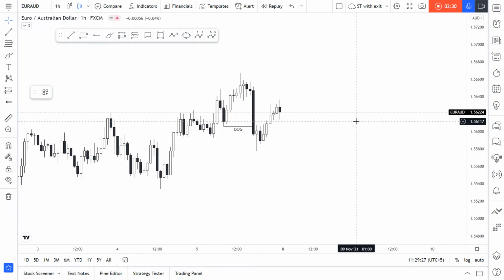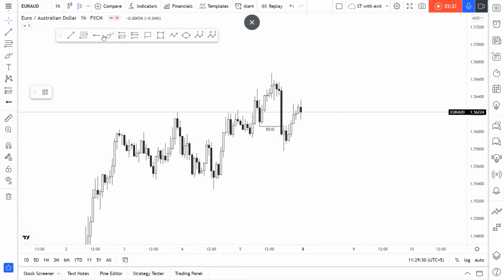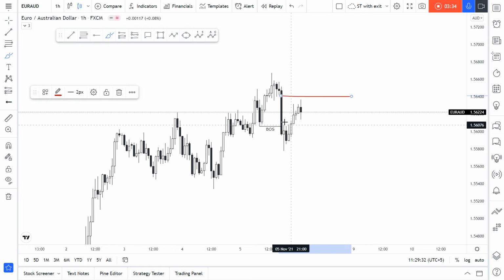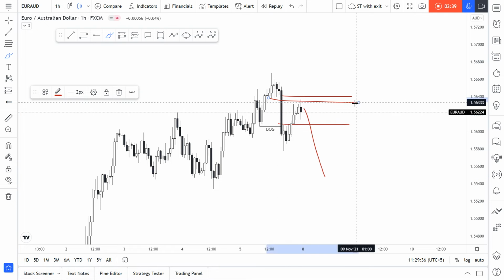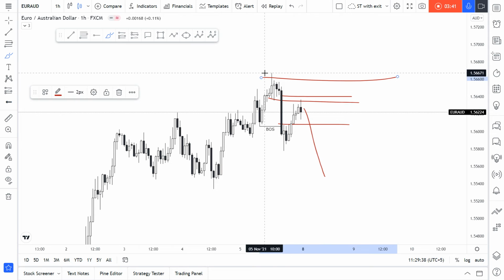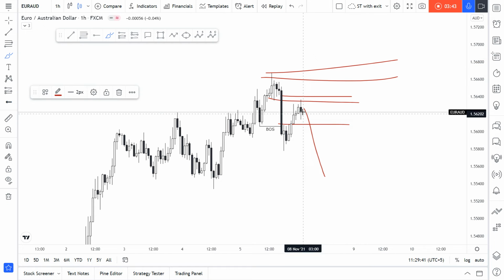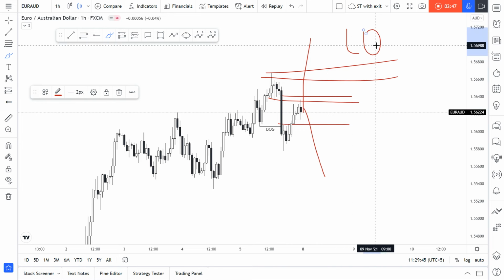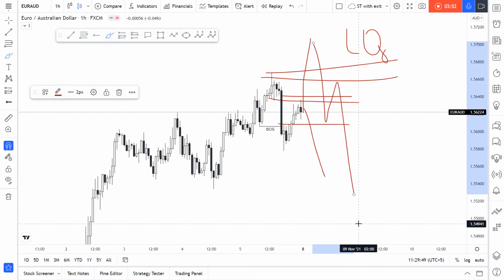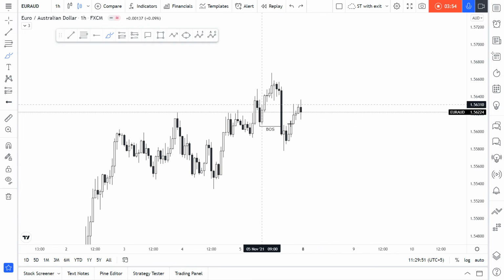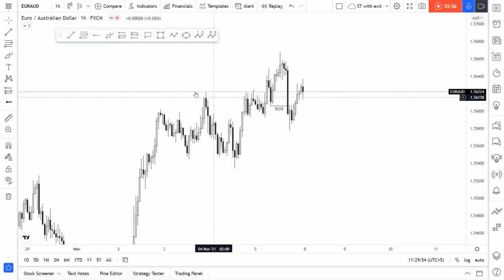So our point of interest is going to be either this imbalance, it might go straight down, or this order block, or these highs, where the price can sweep it, grab some liquidity, and then go down. So those are the 3 points of liquidity that we should look for and watch carefully.